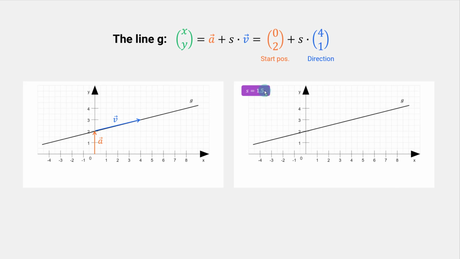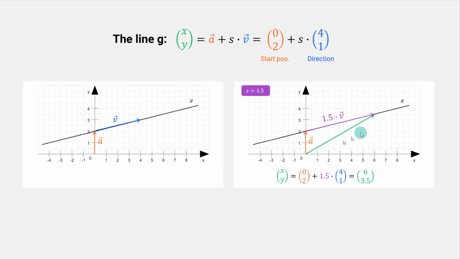Okay, let's do this together. So we have the position vector, which always stays the same, and then add 1.5 times the direction vector. So these blue vectors, we multiply it by the factor 1.5, so it gets stretched with factor 1.5. So we are up here.